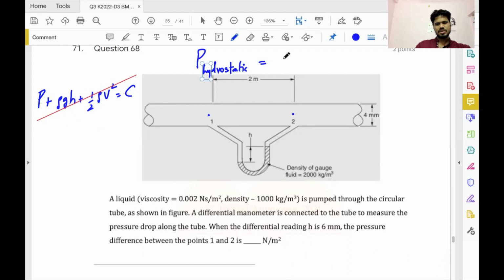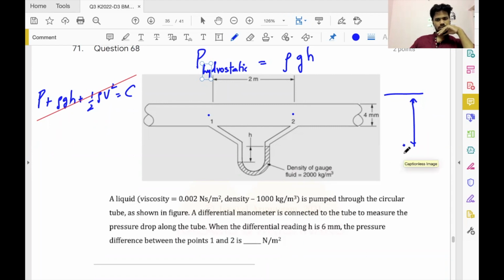So we have some fluid, and the pressure at a depth h below the surface is going to be rho times g times h, the hydrostatic pressure. In fact, you could also refer to this as the static pressure.